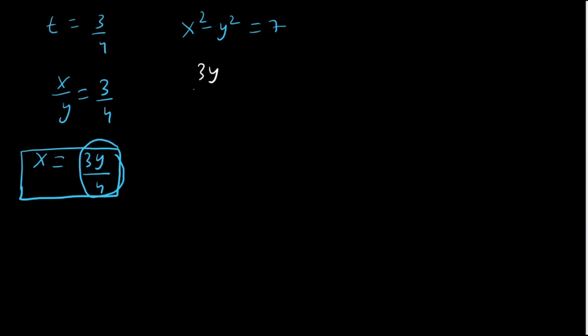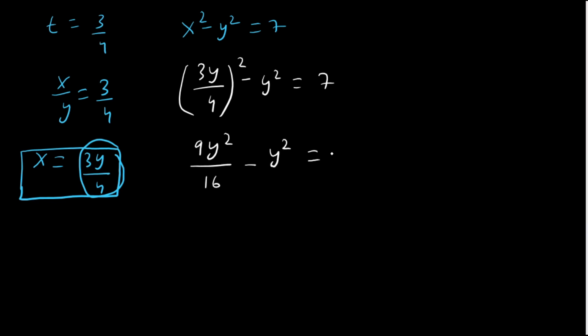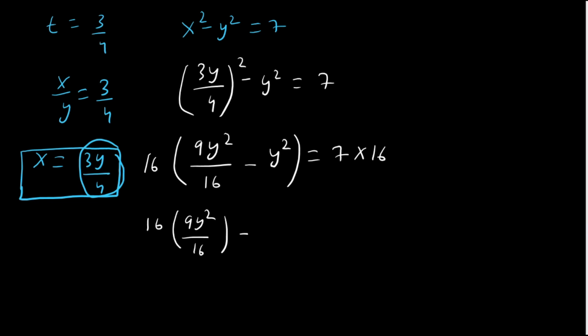Then 3 times y over 4 whole square minus y square is equal to 7. 3 times y square, that is 9 times y square over 4 square, that is 16, minus y square is equal to 7. Now if we multiply both sides by 16, then on the left-hand side this 16 is multiplied by 9 times y square divided by 16, and minus 16 times y square, equal to 7 times 16.